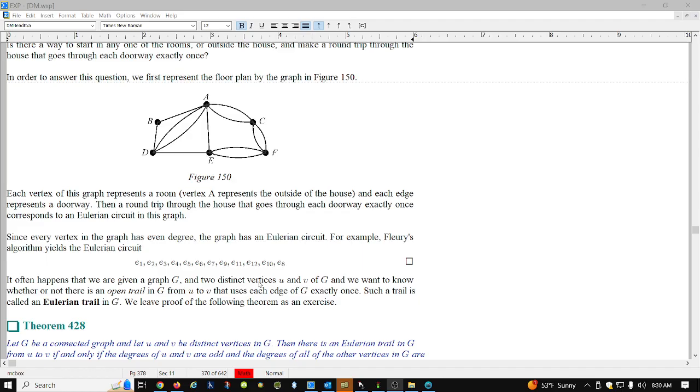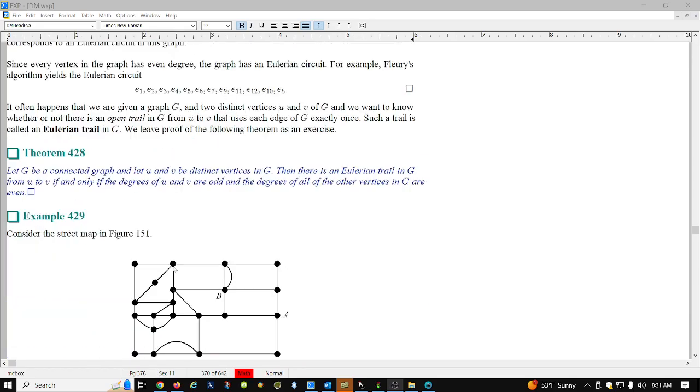It's not quite an Eulerian circuit because it's missing one edge, the edge from U to V. This is called an Eulerian trail from U to V, or between U and V. And there is a corresponding theorem whose proof I leave for you.